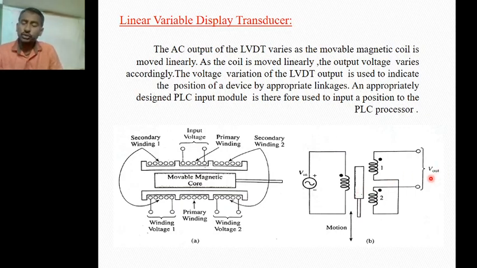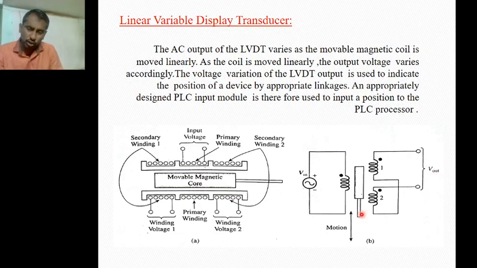Suppose you move the core of the transformer. Then the core linking with the secondary windings changes. As a result, the voltages generated by section 1 and section 2 also vary. As the two voltages are different, the difference between them will appear at the secondary side of the transformer as V out.